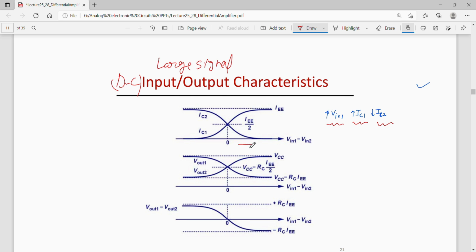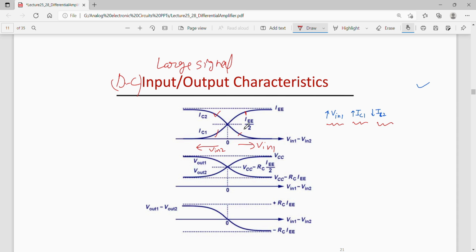Vin1 is increasing when I am moving from 0 towards the right, so IC1 increases and reaches up to IEE. Similarly, when Vin2 increases, IC2 increases, and at that time IC1 should decrease.